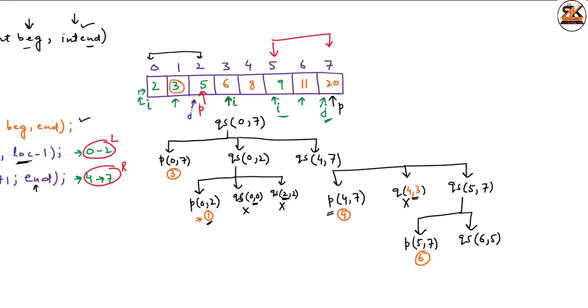And the other quick sort call will be from location plus 1, that is 6 plus 1, 7, to end 7, that is 7 to 7. Here we see that a single element is there, so nothing will happen further. And also here the initial index is greater than the last index, so this will not be executed. So this is how the function calls will work in our quick sort algorithm.